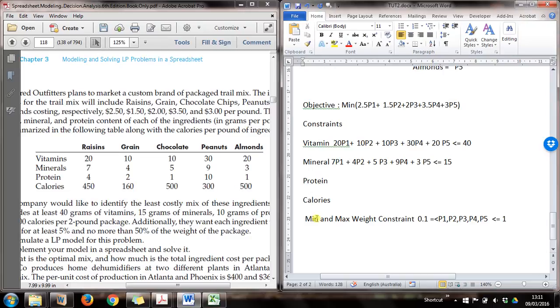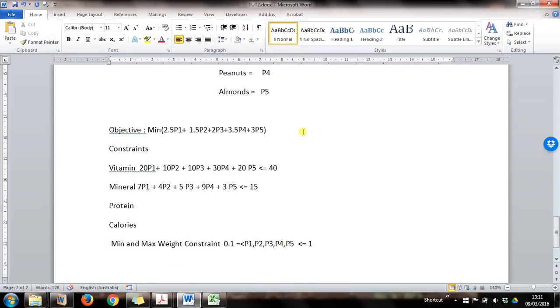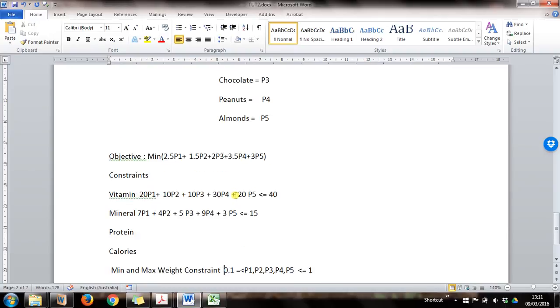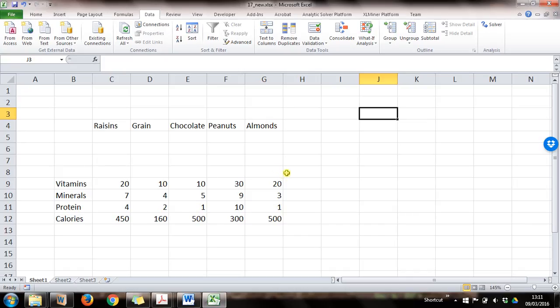So let's create the spreadsheet for this. I have filled the values here. This is the quantity used and cost.